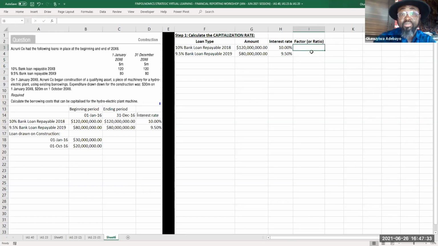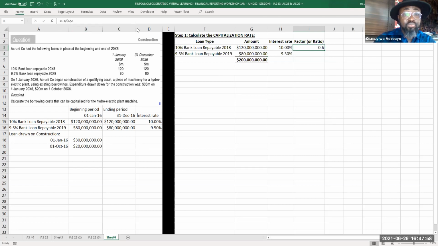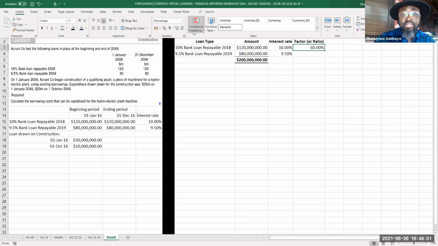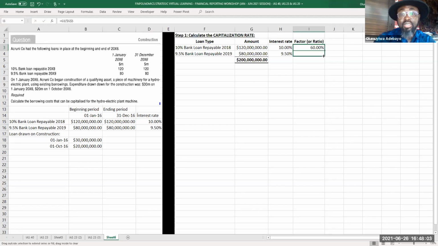Okay, what is the factor? The total loan that constitutes our general borrowing is 200 million. Now, what is the ratio? The ratio of 120 to 200, let me put it in percentage, is 60%. And this is 40%, which sums up to 100%.